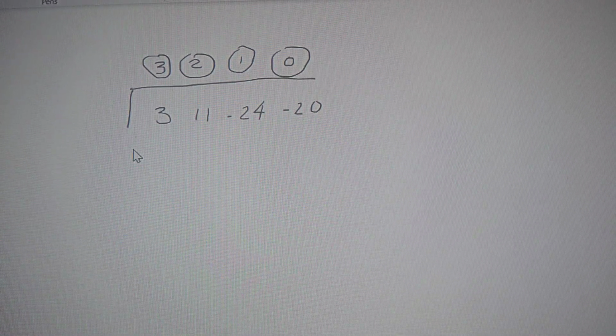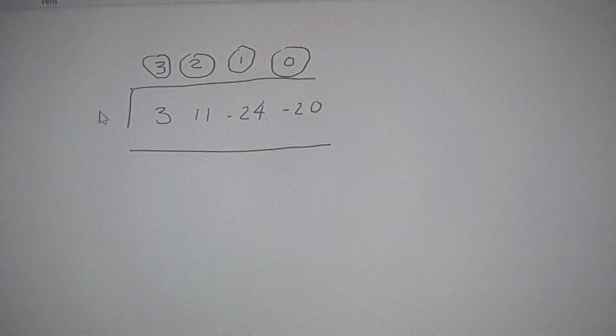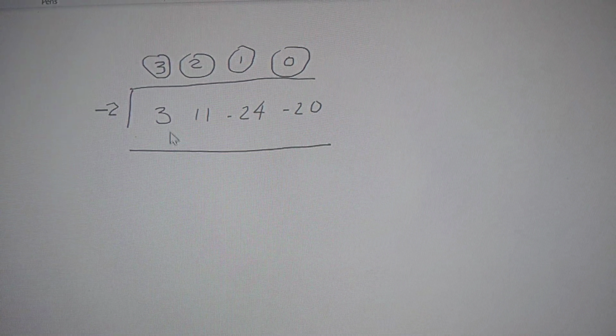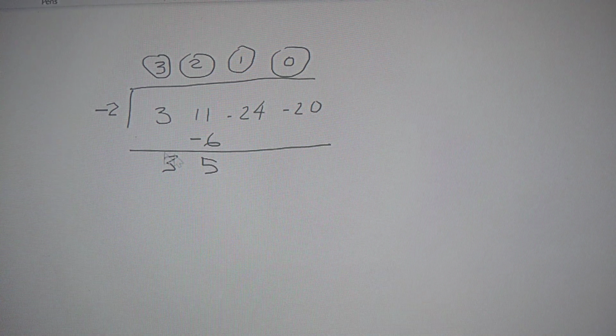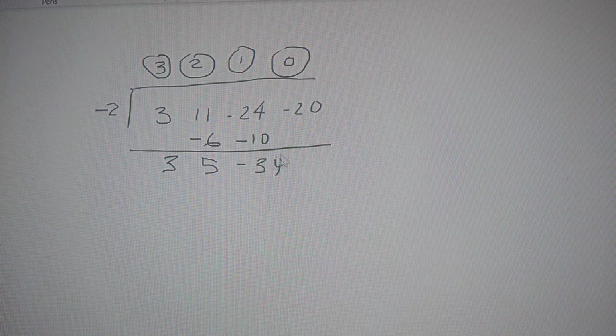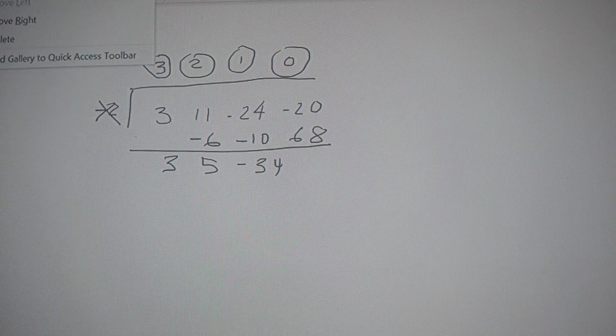Let's try minus 2, just for the sake of it. That'll be 3. 3 times minus 2, minus 6. That's 5. Minus 10. That's minus 34. 68. No, you're not going to get 0 there, are we? That'll be 48, wouldn't it? No, that's not good. Well, let's try another one. Let's continue until we find it.